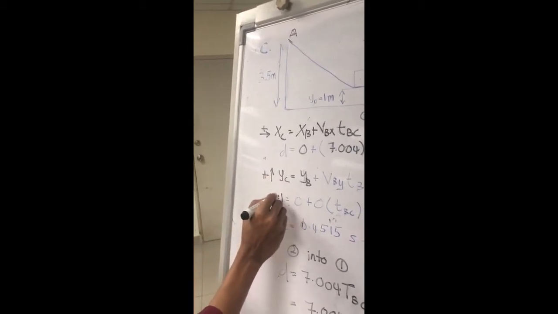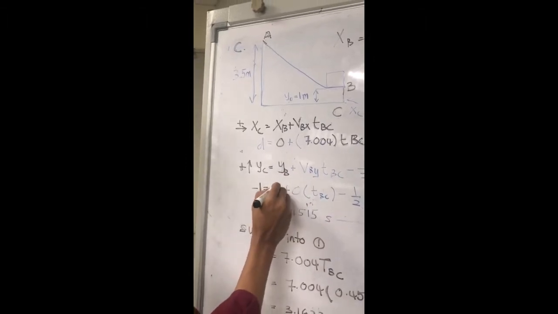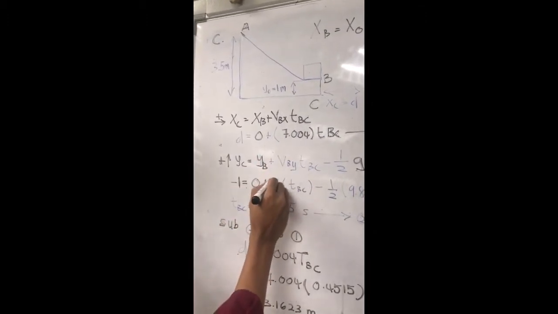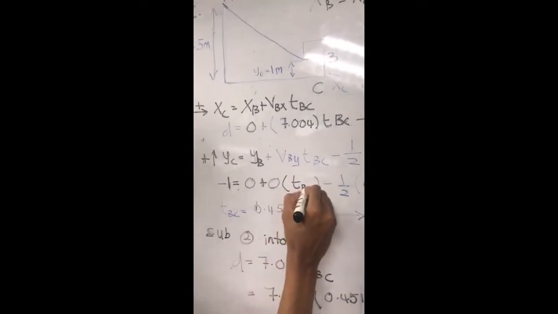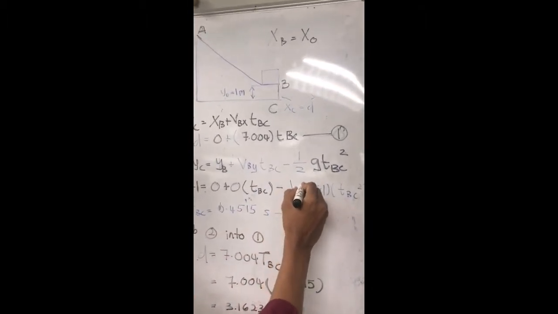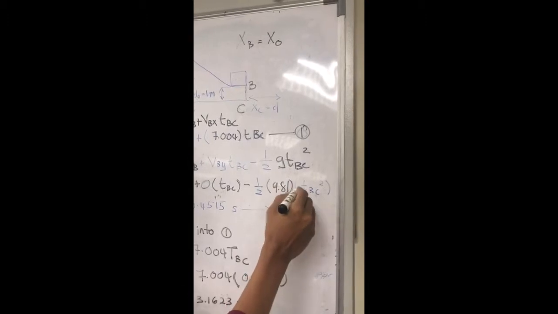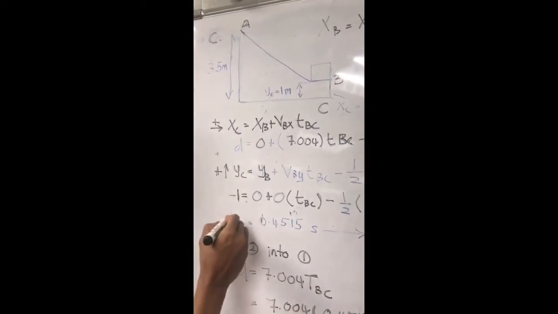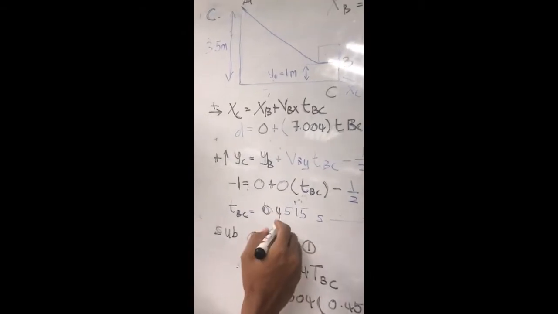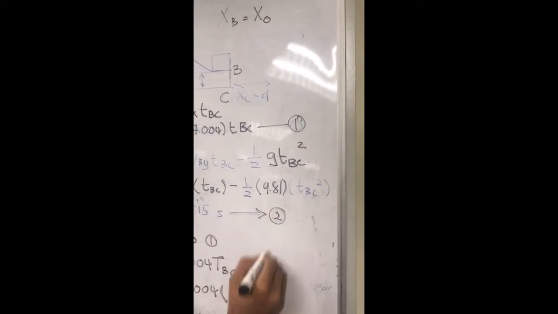From the graph, yC is -1, yB is equal to 0, plus vBy, which is also 0, times tBC, minus 1/2 times 9.81 times tBC squared. And we calculate that tBC is 0.4515 seconds. This is the second equation.